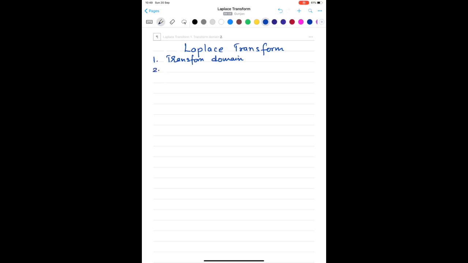Second, it's a convenient representation for signals and LTI systems. So LTI is linear time invariant systems.